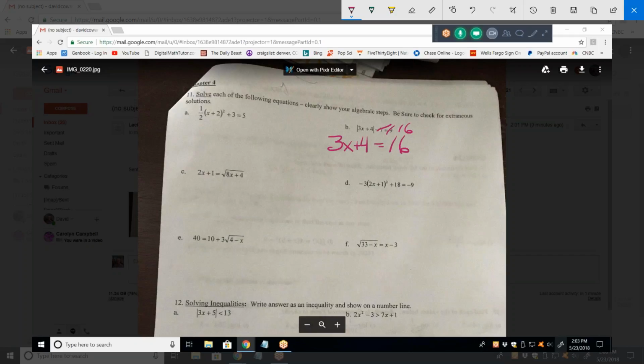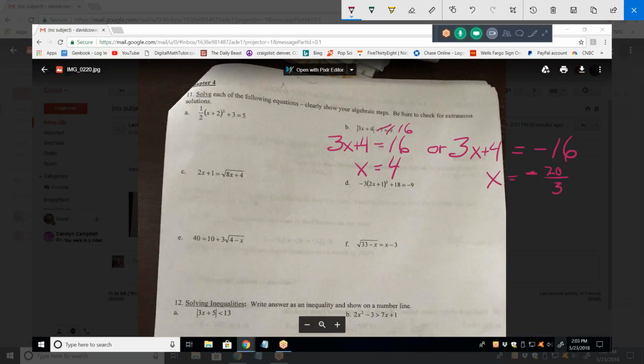So that's the first thing it means. The second thing it means, and I write this horizontally because I'm going to have two equations that I've got to solve. The second thing it means is the stuff inside the absolute value is equal to minus 16. Okay. Now, if I solve both of these equations, I get x equal 4 on that one. On this one, I get x equal minus 20 divided by 3.